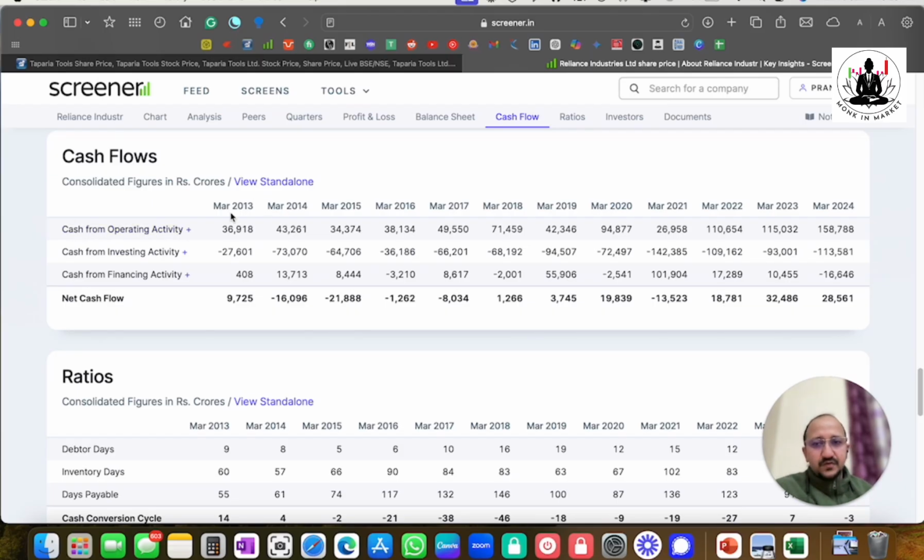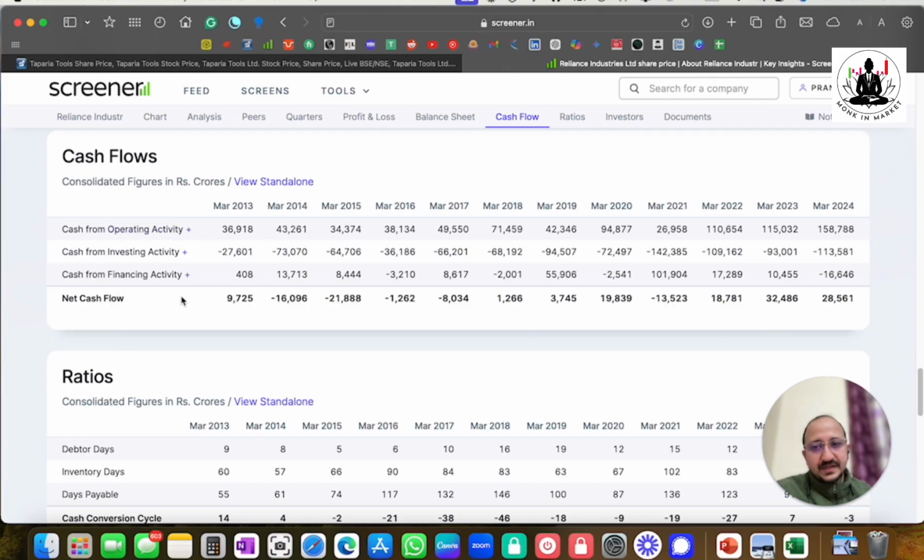Here you have the number of years, and there are three rows. Number one is operating activity, the cash coming from operating activities. Then cash coming from investing activities. And the cash from financing activities. These are the numbers.